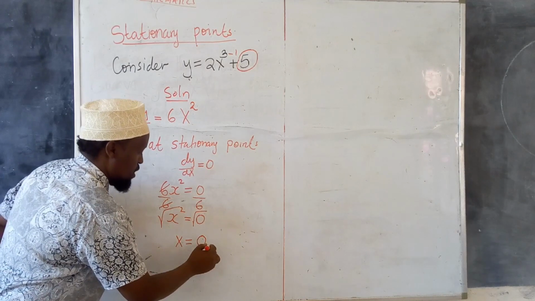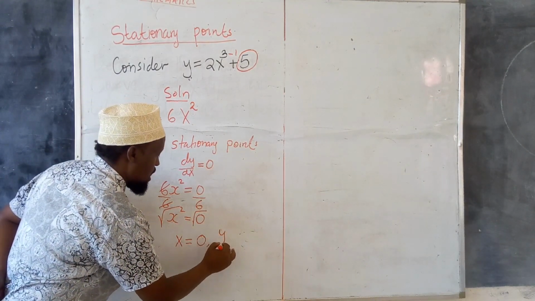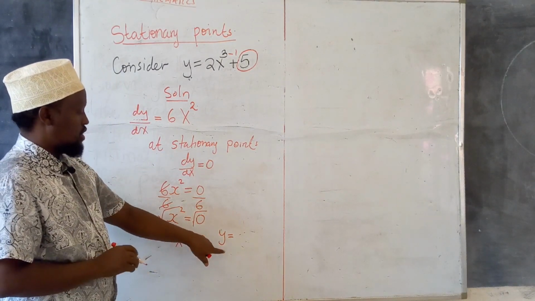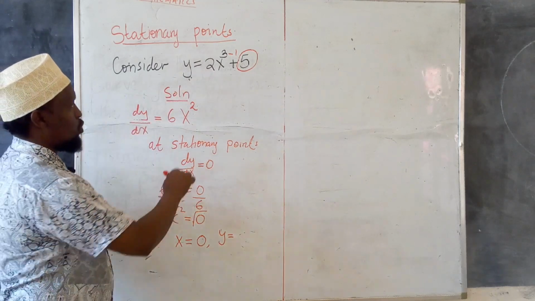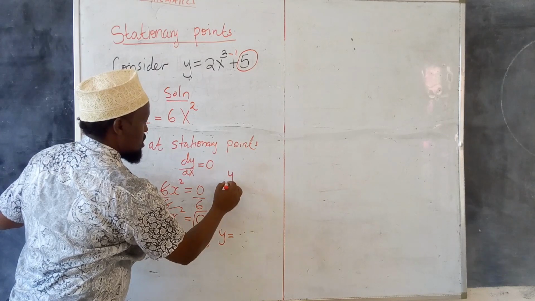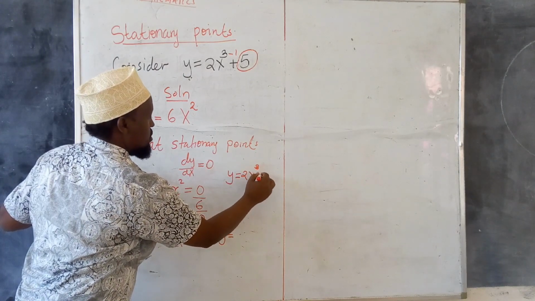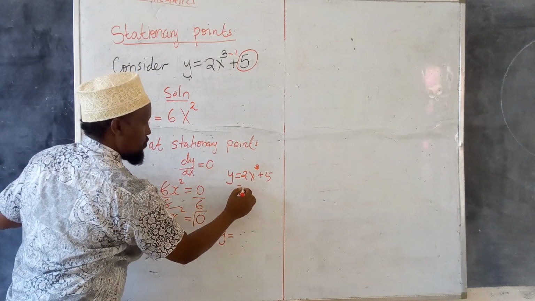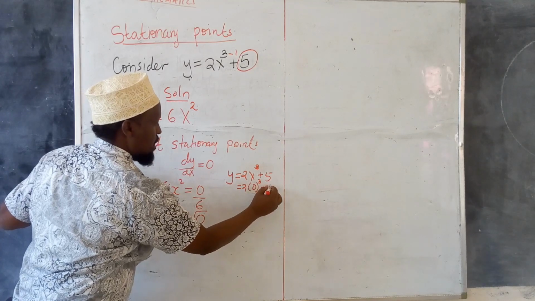Then, having the value of x for the stationary point, you also have to find the value of y. And how are we going to get the value of y? We have to use the equation. Our equation was y equals 2x cubed plus 5. But in this case, the value of x is 0. So here we have 2 times 0 cubed plus 5.